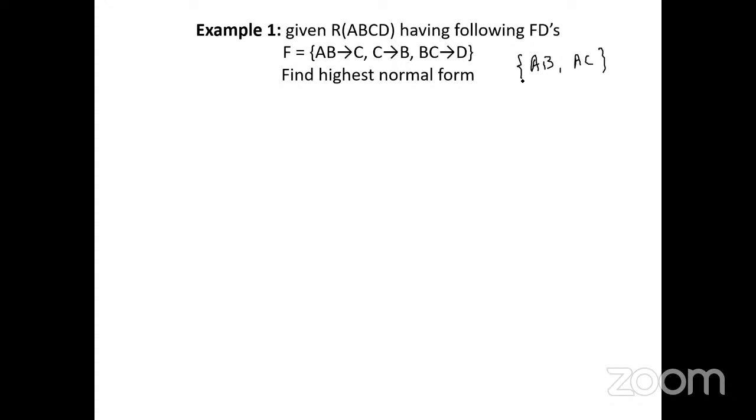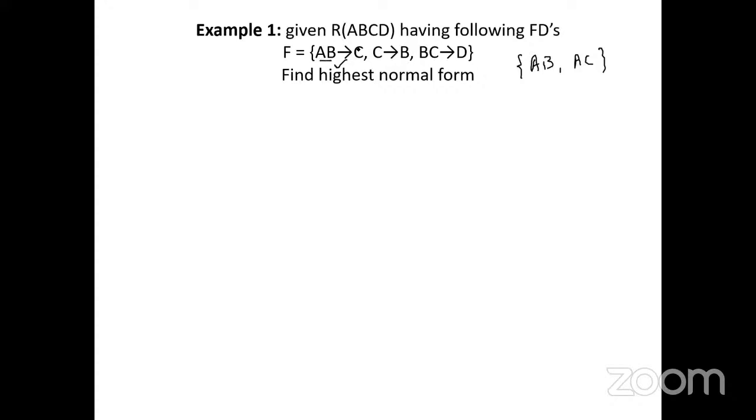Now we have already gone through the rules of second NF. In order to find out whether it is in second NF or not, we have to see if any non-prime attribute in RHS depends on prime, and it must be fully dependent. In the first dependency, does it satisfy the rule of second NF? It does, because the non-prime C fully depends on the key AB we have already identified.